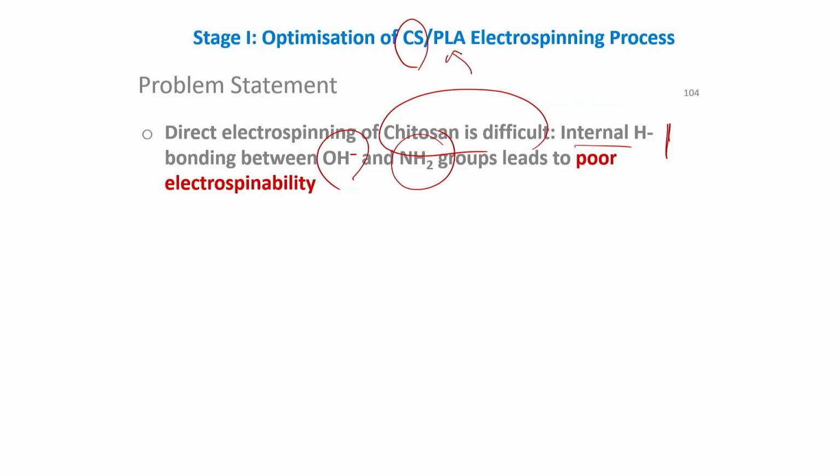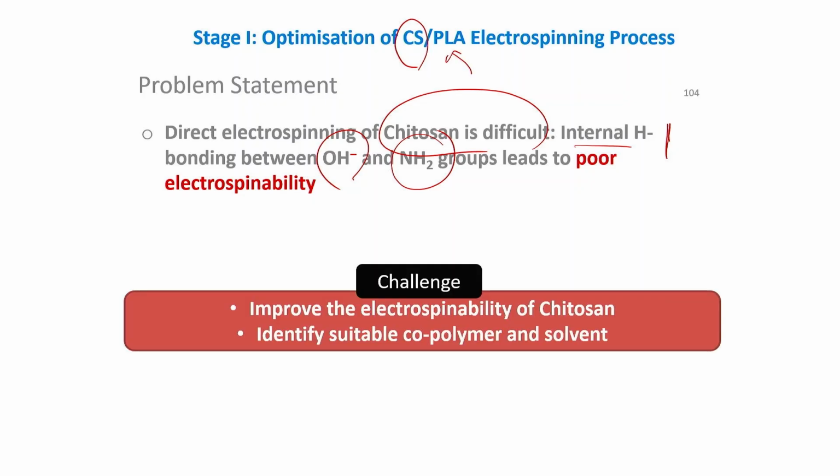We have blended with PLA. So, the main challenge was improving the spinnability of chitosan, and we had to identify the copolymer and solvent for chitosan. So, we have optimized that.